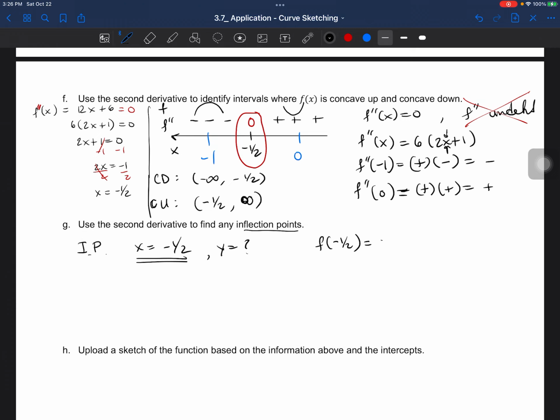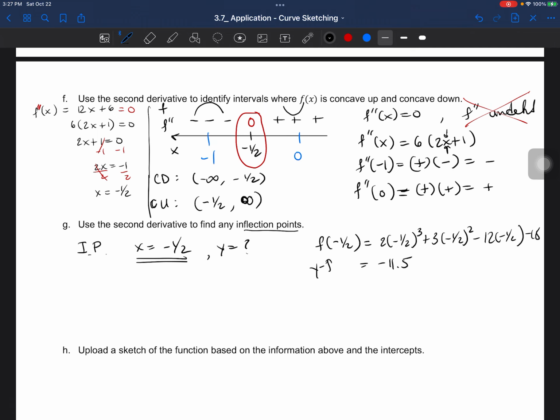So the original function is going to be, let me just get my notes here. So we have 2 times negative 1/2 to the third power plus 3 times negative 1/2 to the second power minus 12 times negative 1/2 to the first power and minus 18.